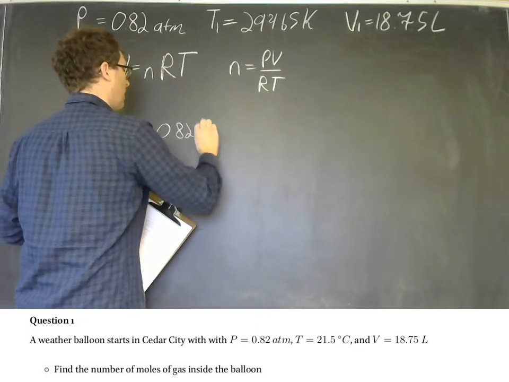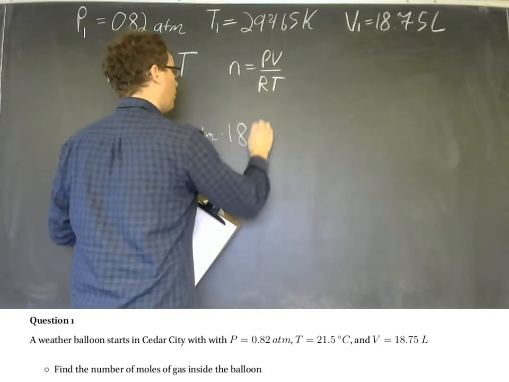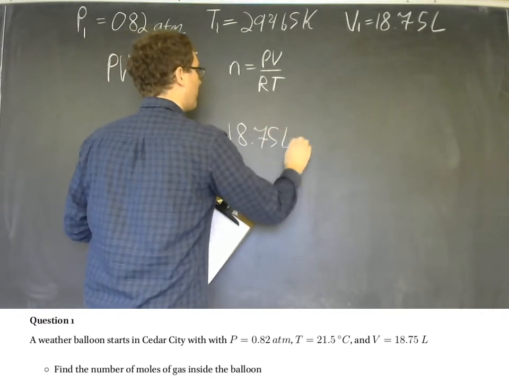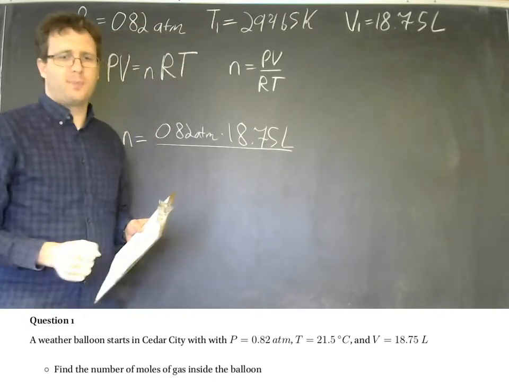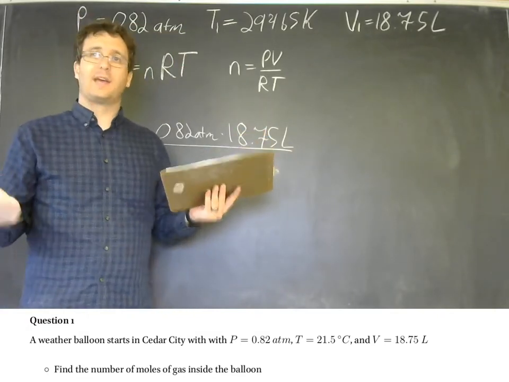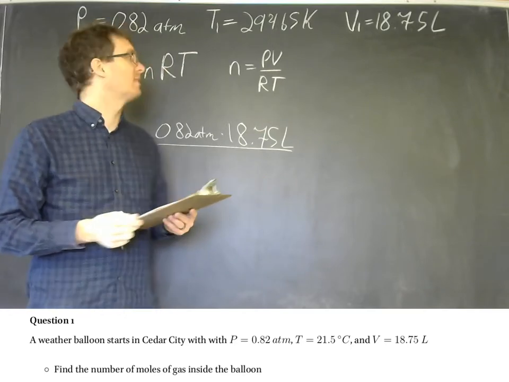0.82 atmospheres times 18.75 liters over, and R can take on different values and units depending on its context.